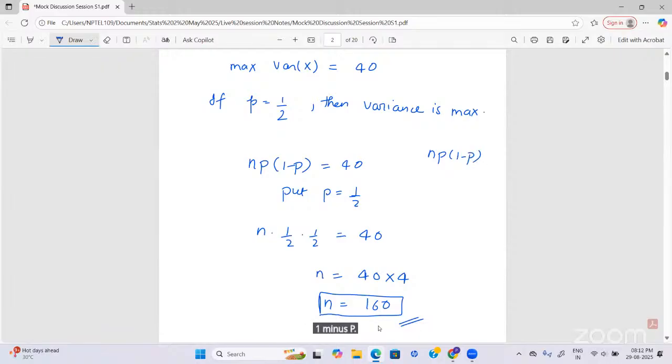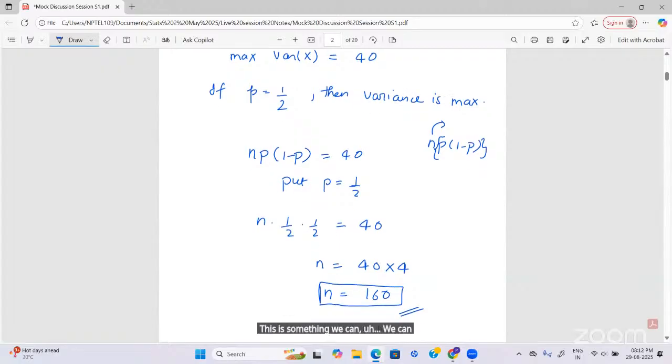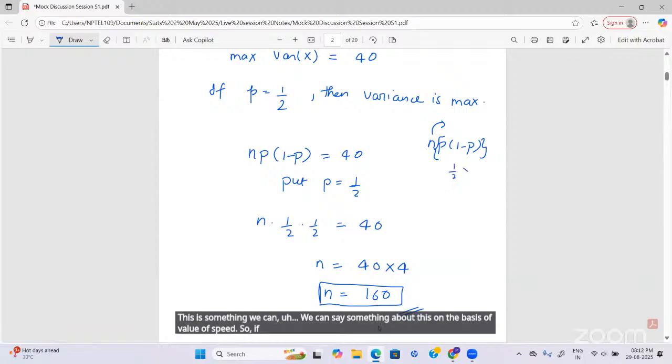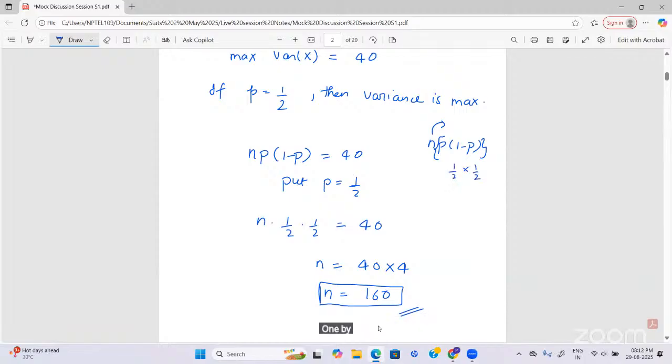So basically, we don't know the value of n. We can say something about this on the basis of the value of p. So if you put 1 by 2 into 1 by 2, p is 1 by 2, 1 minus p will also be 1 by 2, so this will be 1 by 4. When you multiply it by n, that will be the maximum.